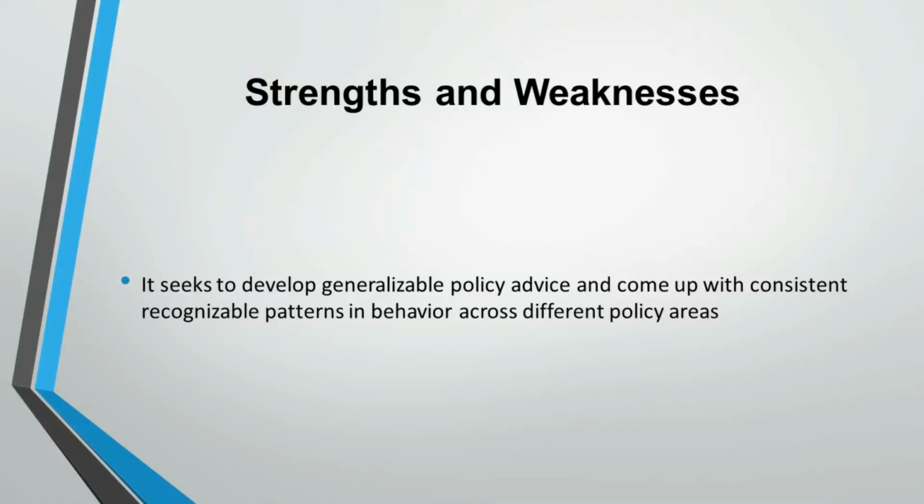What are the strengths and weaknesses of this approach? One strength of the top-down approach is that it seeks to develop generalizable policy advice and come up with consistent, recognizable patterns in behavior across different policy areas.